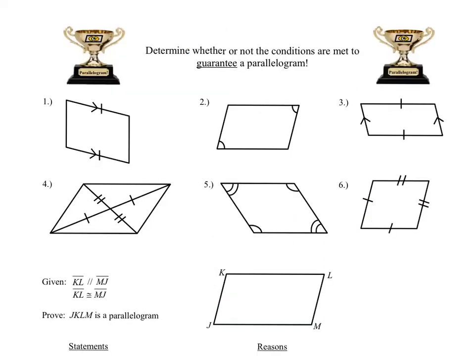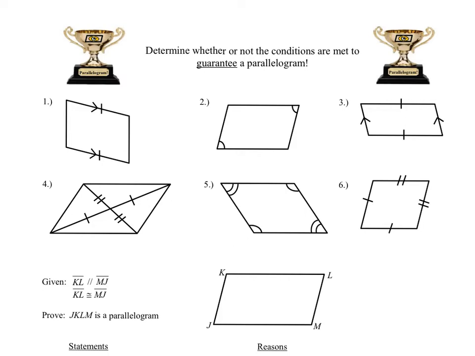Now let's look at some examples of quadrilaterals and determine whether the conditions are met to guarantee that the quadrilateral is a parallelogram. In other words, whether it would earn a trophy. Look at what's marked on these diagrams, and you should be able to justify from one of the statements on the other side of your notes. In the first example, we have one pair of opposite sides that is both parallel and congruent.